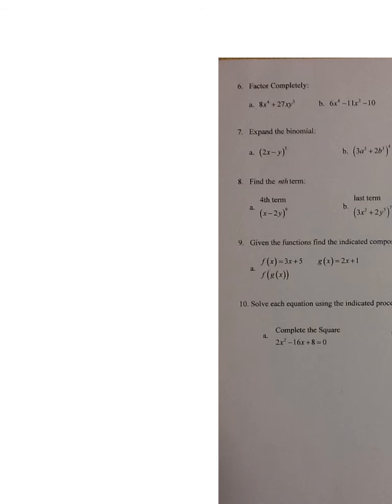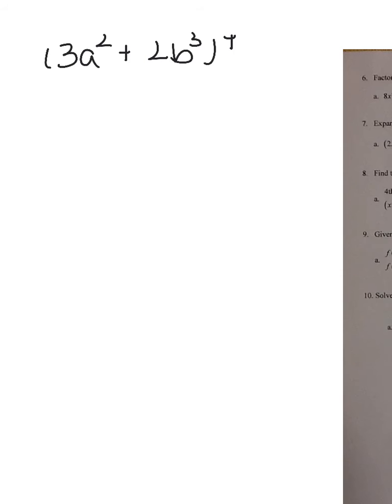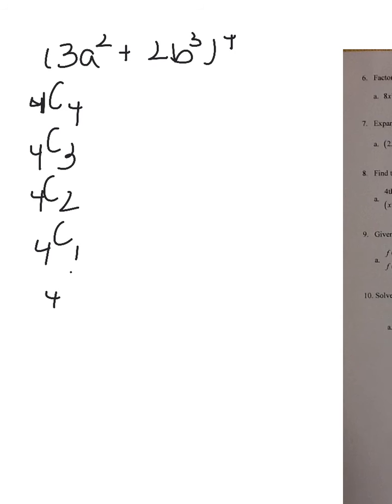Okay, so 7b is 3a squared plus 2b cubed to the fourth. So that's going to start off with 4C4, 4C3, 4C2, 4C1, 4C0.